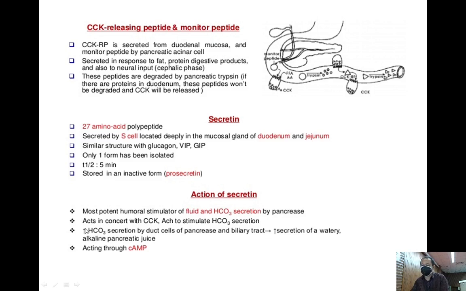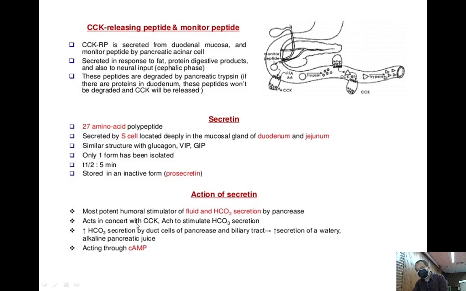So it acts in concert with CCK. This is important. Why? Because this rich alkaline fluid coming from the pancreas not only targets the acid chyme, neutralizing it, but also acts as a kind of medium, because it's a fluid, water which is rich in bicarbonate.